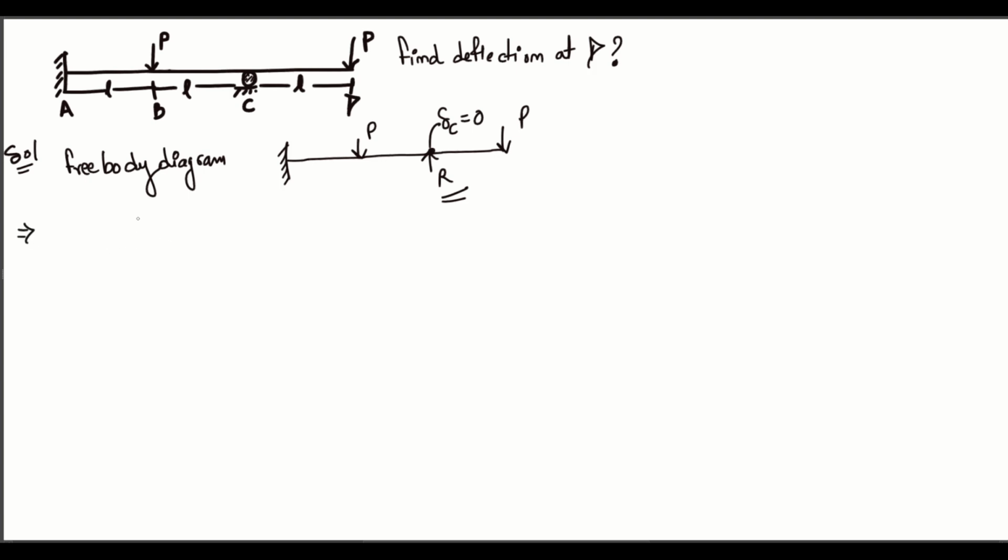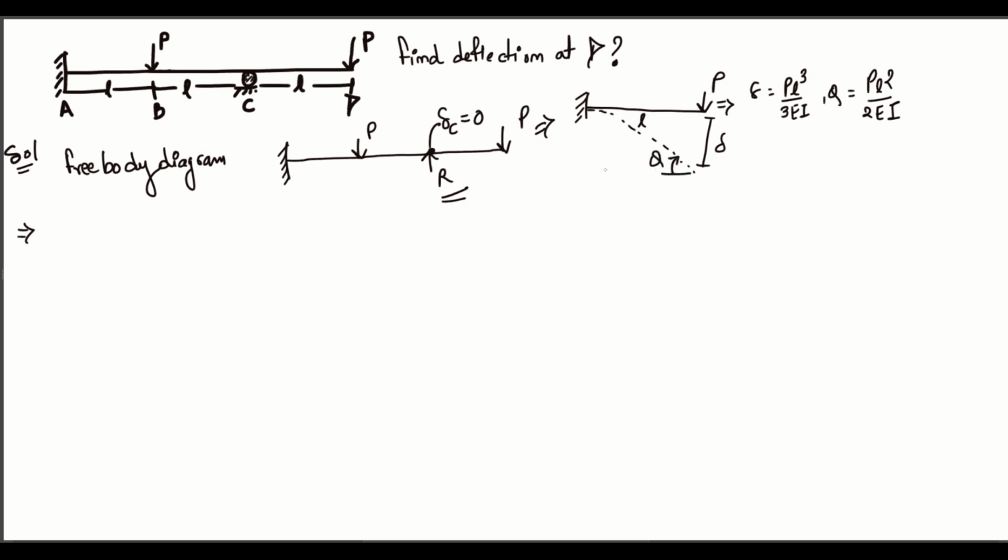So if we use the general formula of deflection of cantilever beam, it will be PL cube upon 3EI, and theta will be PL square upon 2EI. This will be the deflection and this will be the theta.